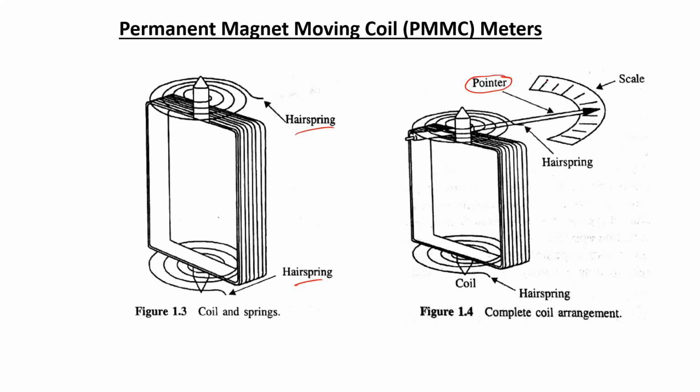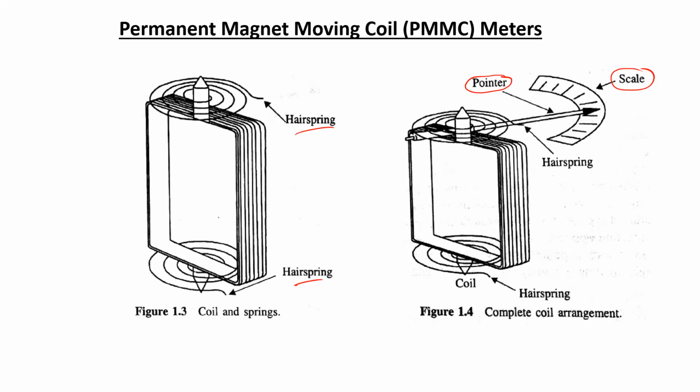And the tip of the pointer should be placed on a calibrated scale, and the scale would be calibrated in terms of amperes if it is an ammeter, in terms of volts if it's a voltmeter, in terms of watts if it is a wattmeter. So it depends on which quantity or which type of meter needs to be constructed using this sort of moving mechanism.